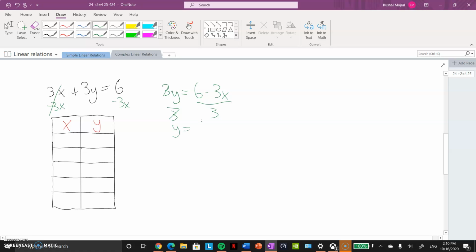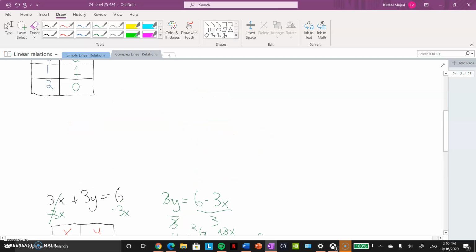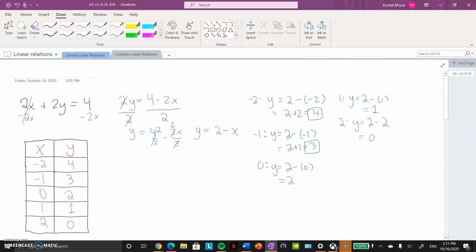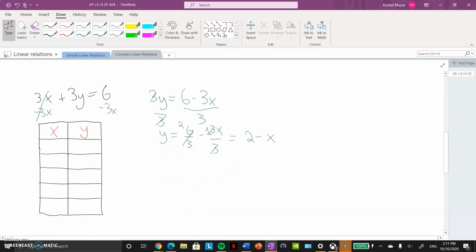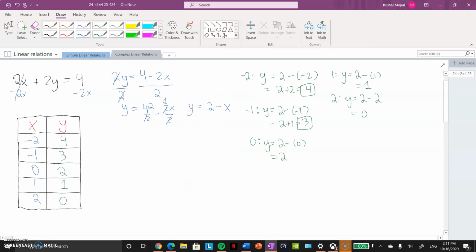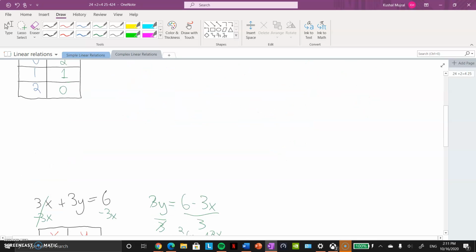So y equals 6 over 3 minus 3x over 3, which simplifies to 2 minus x. Oh look, it's the exact same question here. Oh wow. So what does that mean? If we had -2, -1, 0, 1, 2, all the y values would be the exact same because the equation is the same.